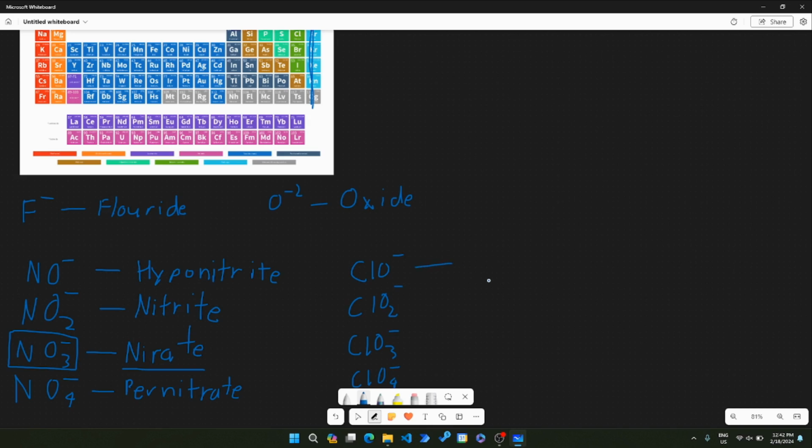Now this becomes hypochlorite, and ClO2 becomes chlorite.